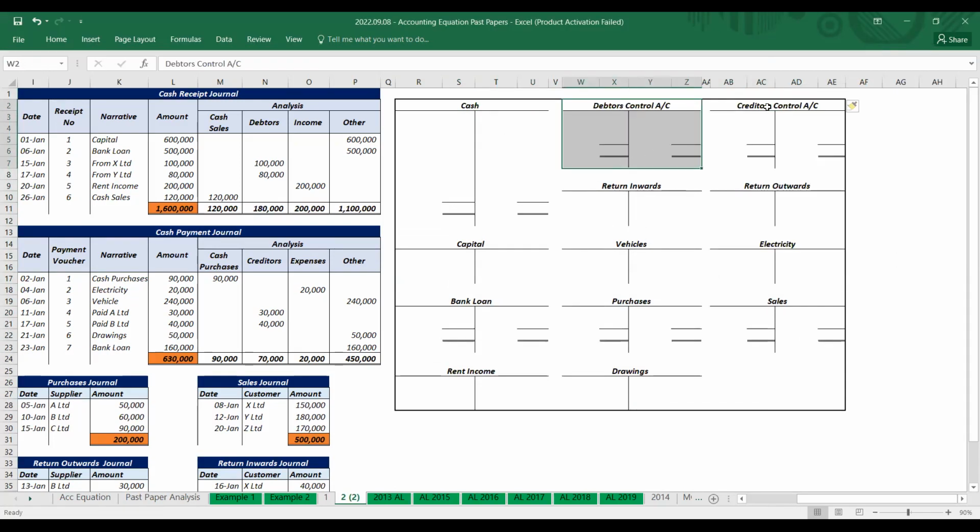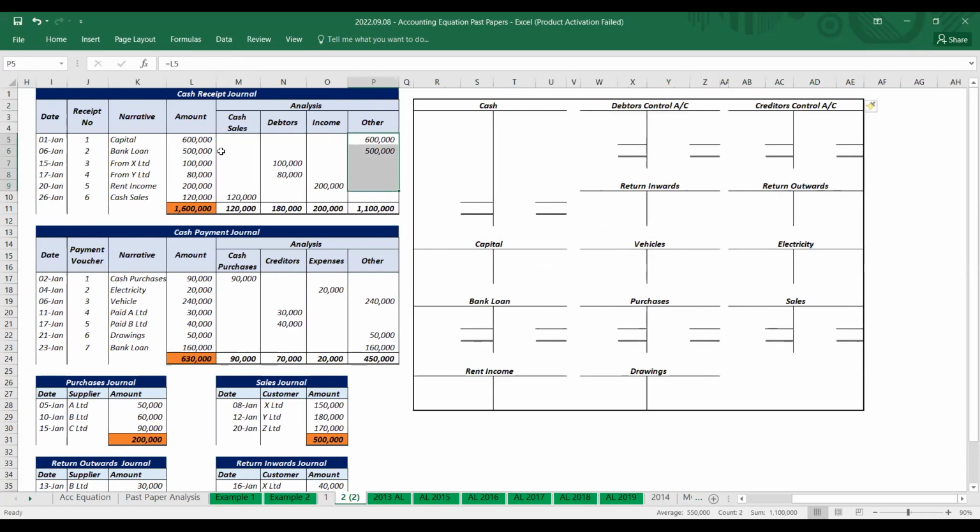Debtors control account, creditors control account. Then return inward, return outward, capital, vehicles, electricity. So I'm taking from this. These other items need individual separate accounts, and sales, debtors, purchases, creditors, you can have single accounts. So these are the ledger accounts you need.